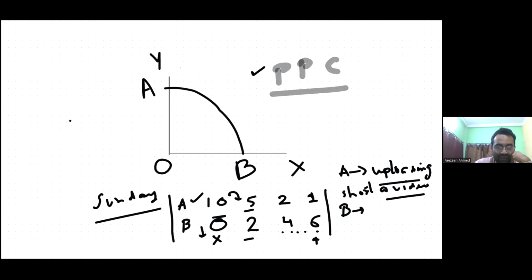This chart is known as PPC. But this is a table which is going to be a basis for you to make this chart. So let's see how it is a basis for making the chart. And there's something more interesting that I will show you. So keep engaged, right? Okay, wonderful.